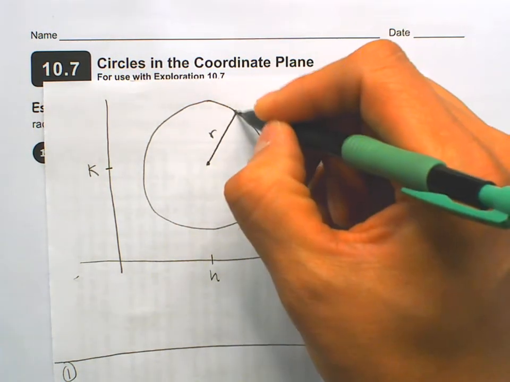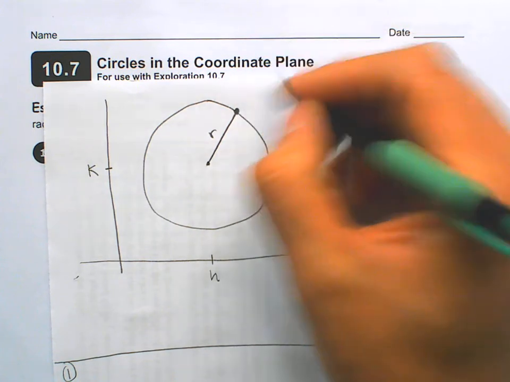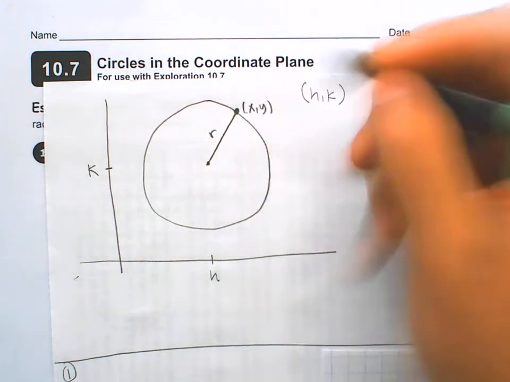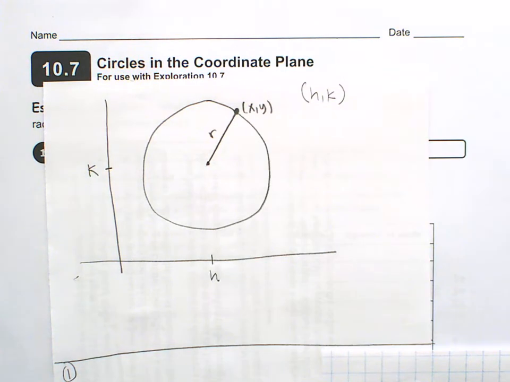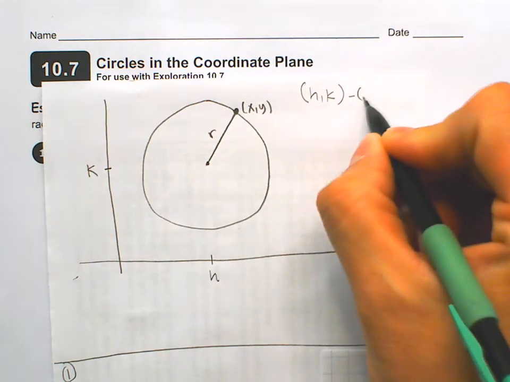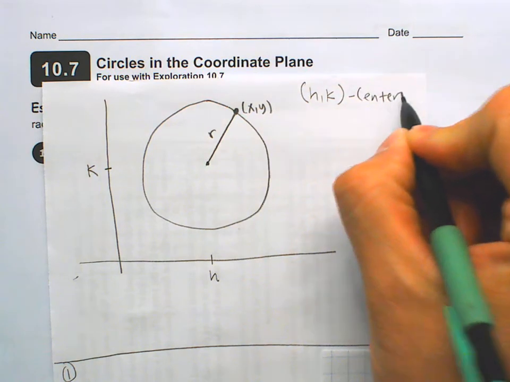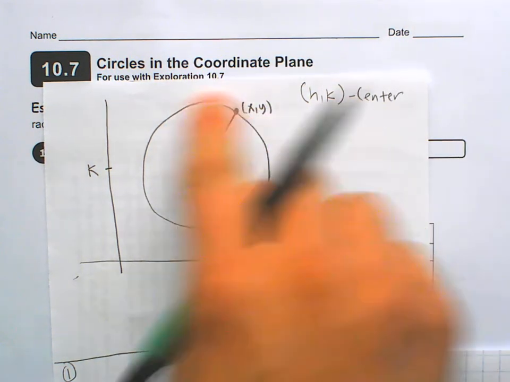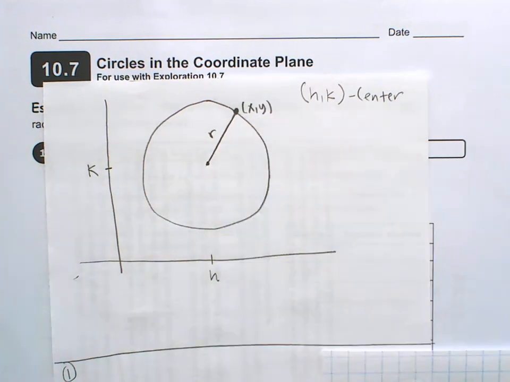Now, we're going to let this point be a point on the circle, and the coordinate of that point is going to be (x, y). So this right here is the center of the circle. We have a radius r, and the point on the circle is going to be represented by the coordinate (x, y).